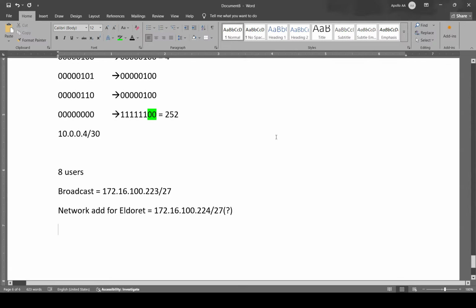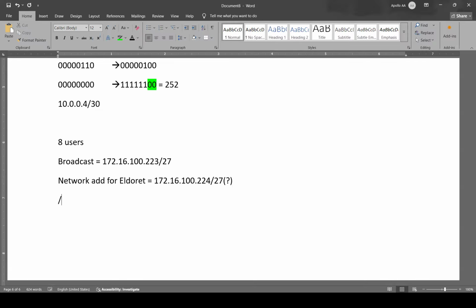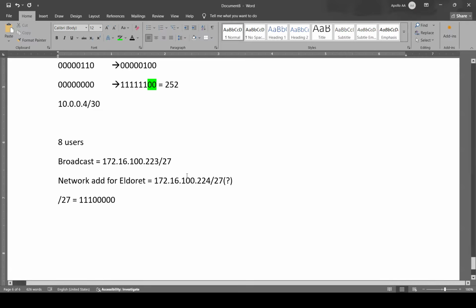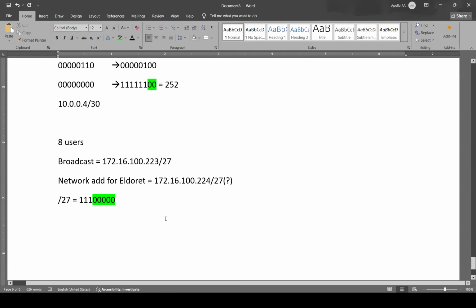If you write /27 in binary, it is equal to 24, 25, 26, 27, 1, 2, 3, 4, 5. This is /27 in binary. And when it is in binary like this, it means that these zeros are the host bits, those 5 bits.